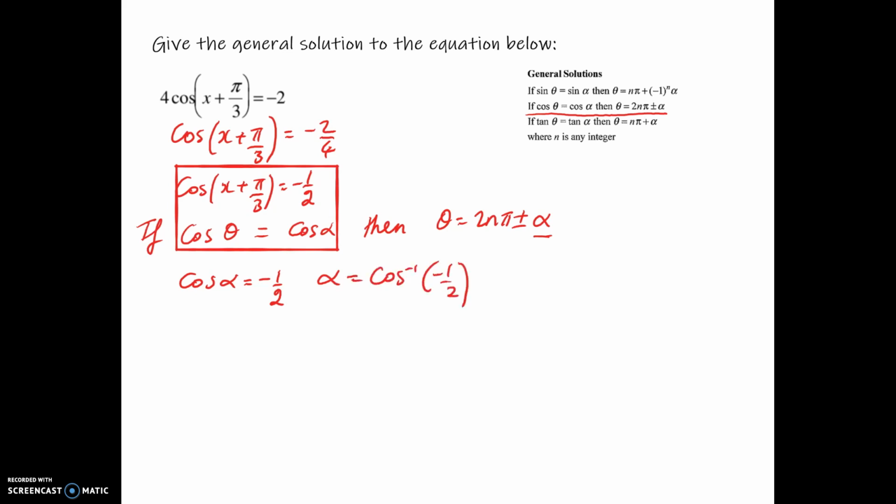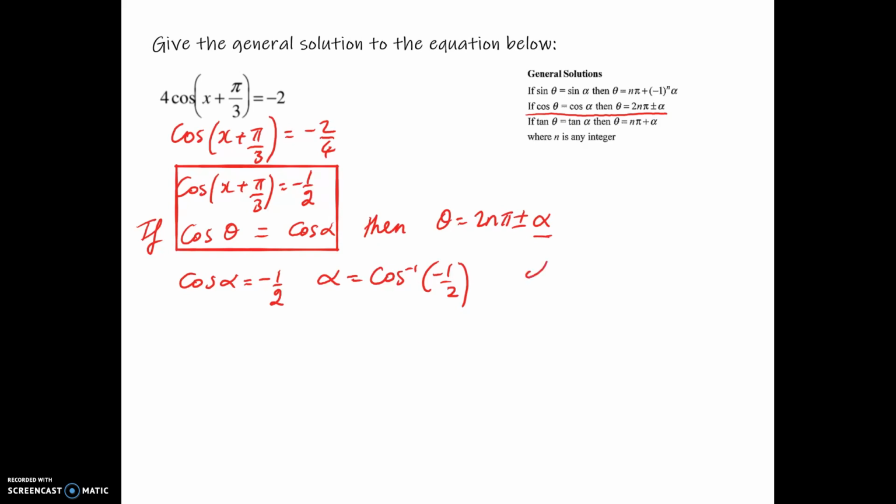Now, sometimes you have exact values, and if you work in radian mode on the calculator, you may miss them. So to make it easier, what I do is work it out in degrees and then convert it to radians.